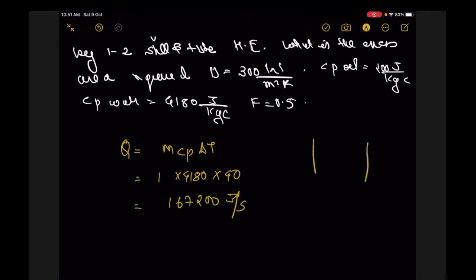So we can calculate LMTD of 1. It is 100, 70, here 80, here 40. So calculate the LMTD of this.